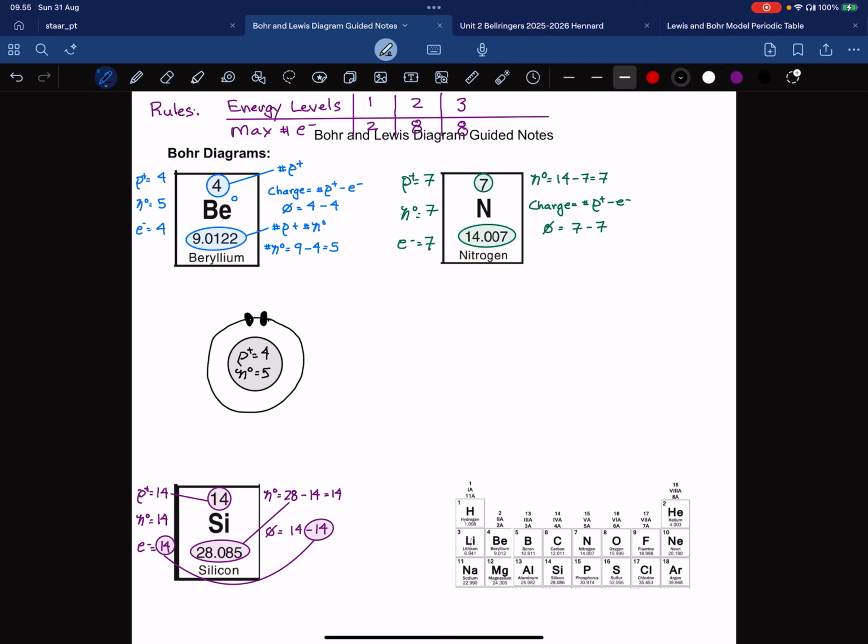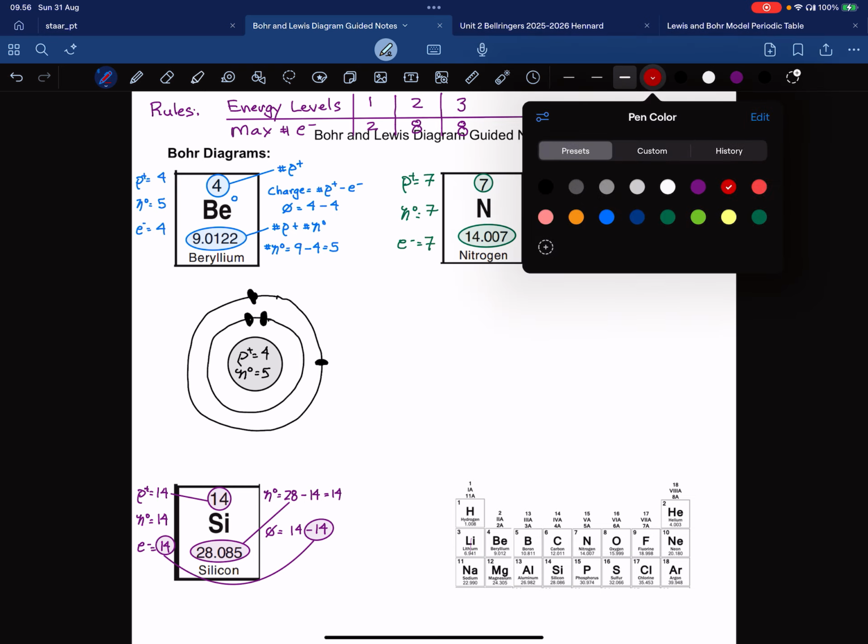Then we still have 2 more that need to go in, since we need to put in a total of 4. We put those in a specific way. We put 1 in there, and then we put the next in here. We do not pair them up.